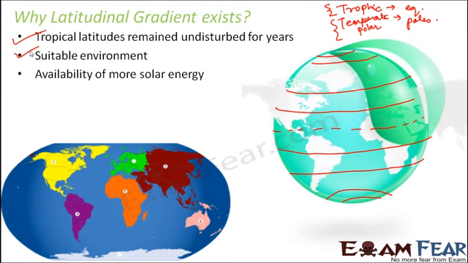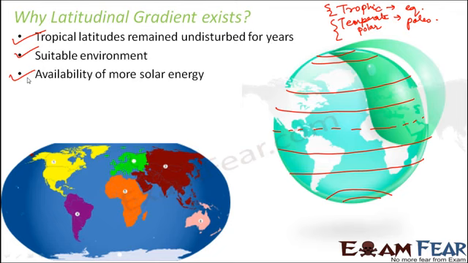Third is the availability of more solar energy. So if you look at the location of the polar regions and the location of the tropical regions, you will see that the regions located near the equator, because of their location, tend to get more solar energy. Sun is the main source of energy for the survival of all the life forms on earth.